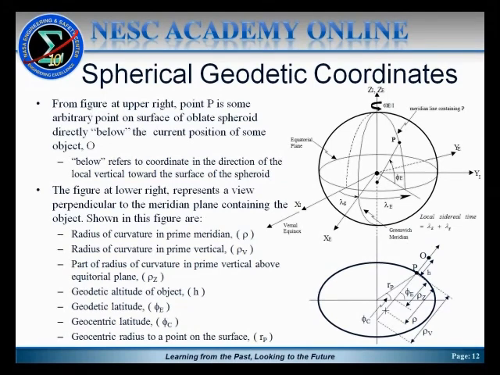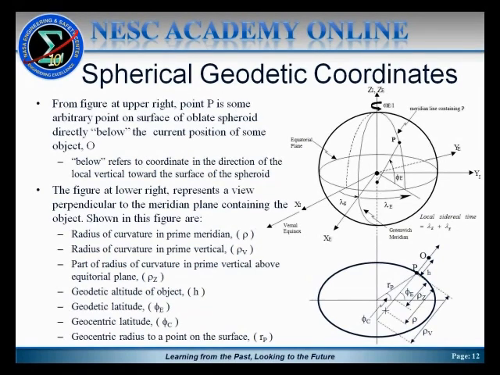That's just the part of rho v that's above the equator, and that'll be important for doing some calculations as well. Also shown in the figure is a geodetic altitude, as I previously described. That's just the altitude above the local vertical at point P to the object that's directly above it.